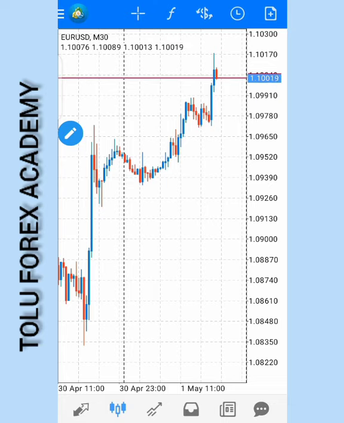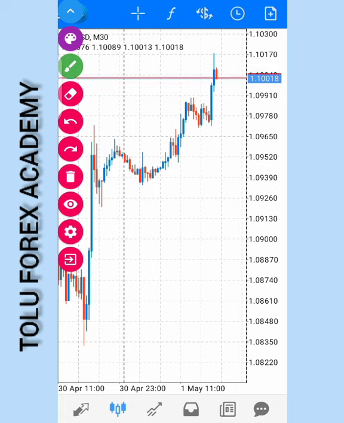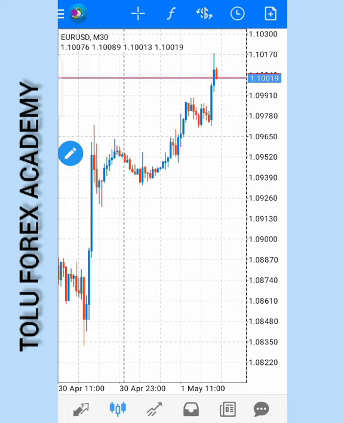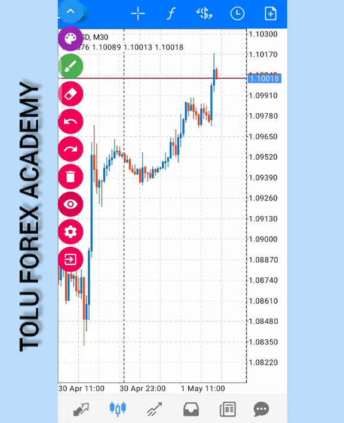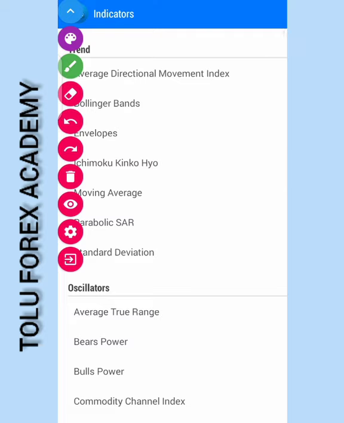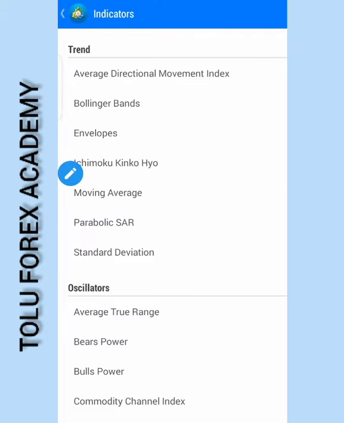Now, to add the Ichimoku indicator, we go to our indicator page. This is where we get the indicators from. I select it, then it brings me here. Once I'm here, I look for Ichimoku.